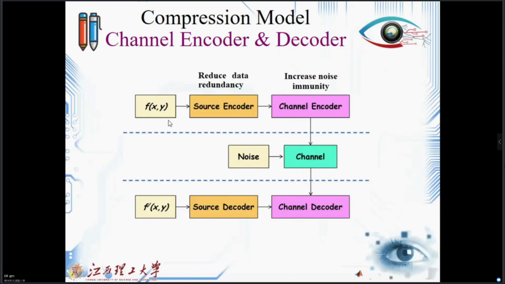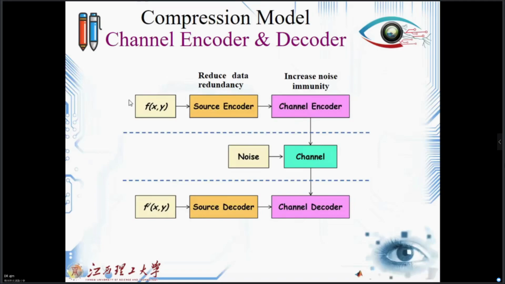And then we have the channel decoder and source decoder to again get f prime xy. The difference between f xy and f prime xy is that the output from this block can be the compressed one, and we will monitor the difference between the original one and the compressed one as the two samples that we will see.